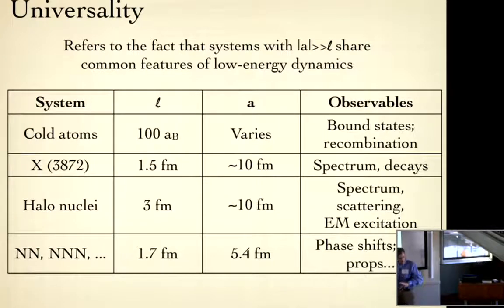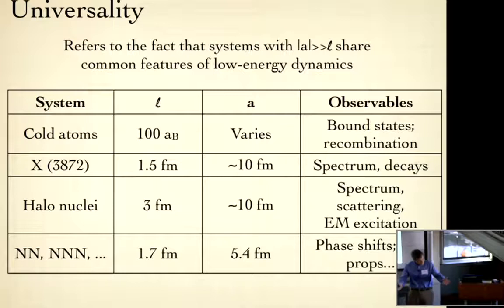So these are nuclei with neutron densities that extend far beyond the proton density, and recently discovered molecules like this X3872. So these are so-called hadronic molecules where you have two mesons which form a bound state whose size is much larger than the size of either of the mesons themselves.